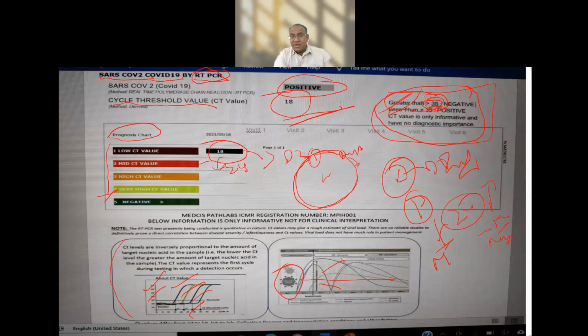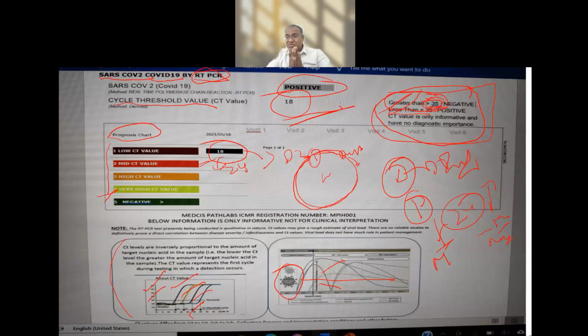Okay, so 35 is the greater-than and less-than boundary. I call the point less than 35 a certain category. So I can name them as severely affected, mildly affected, or a high CT value, meaning it is more than that, near to 35.